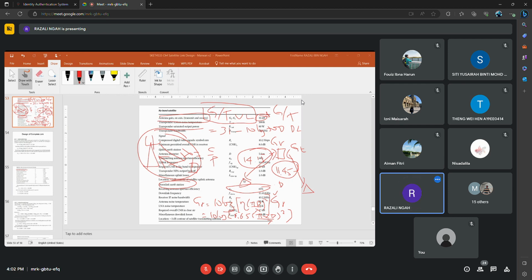Because for uplink, we don't have a constraint on transmitting power and transmitting antenna gain, because the transmitter station is located on the earth. Compared to downlink, where our transmitter is on the satellite, so we have a constraint in terms of antenna size.